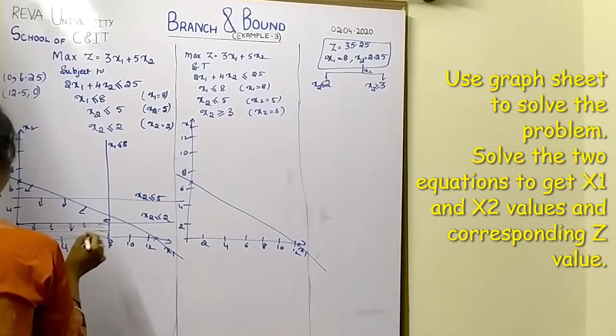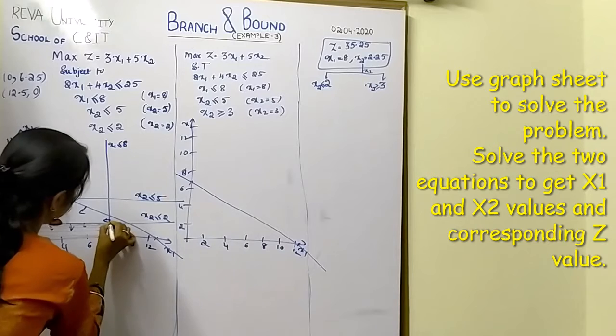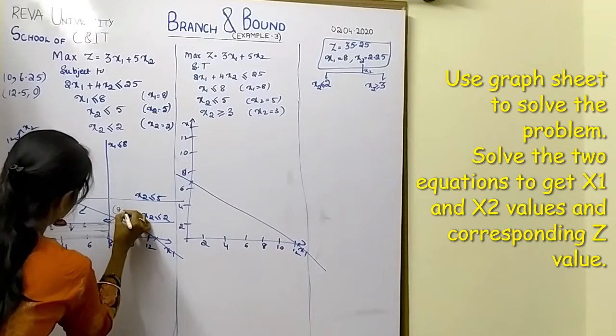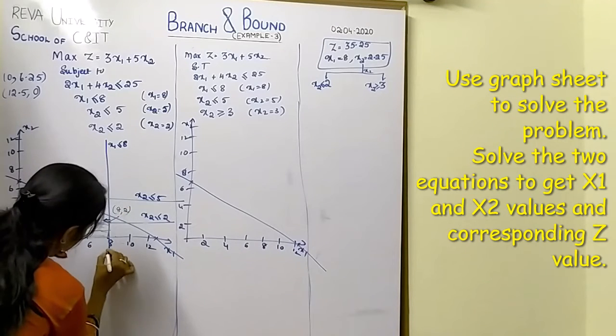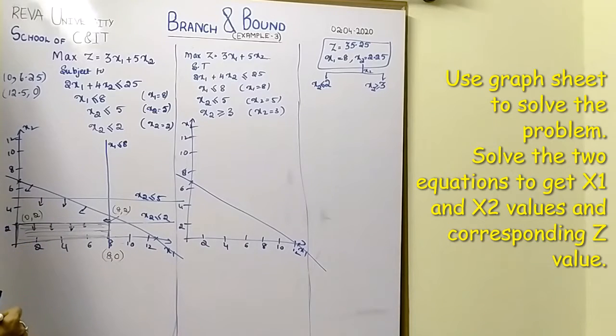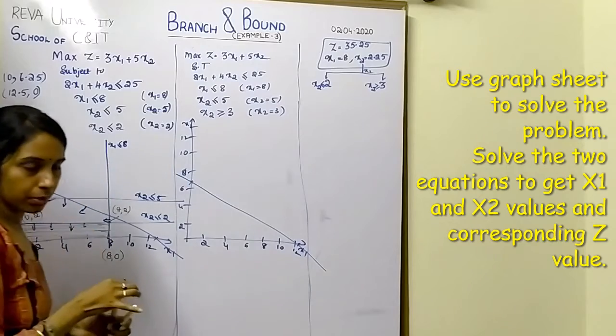So what is the value here? Here the point is x1 is 0 and x2 is 2. And here it will be x1 is 8, x2 is 2. And here this point will be x1 is 0, x2 is 0. So now find out the corresponding values.